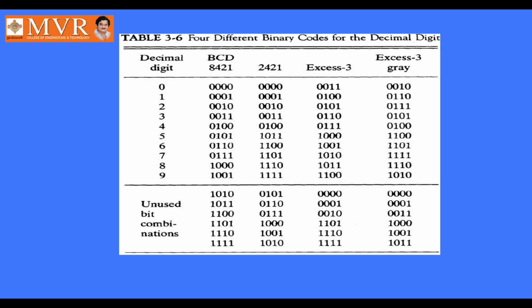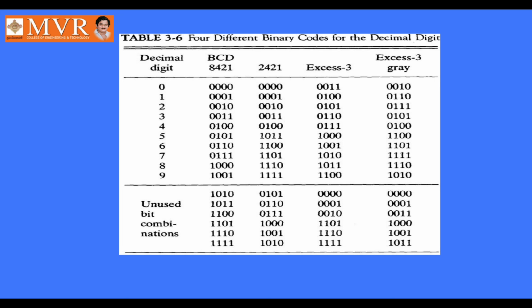Now next, you see the table given here for 8421, 2421, XS3 and gray code. See here in 8421: 0, 1, 2, 3, 4, 5, 6, 7, 8, 9, and after that there are no combinations. Why?